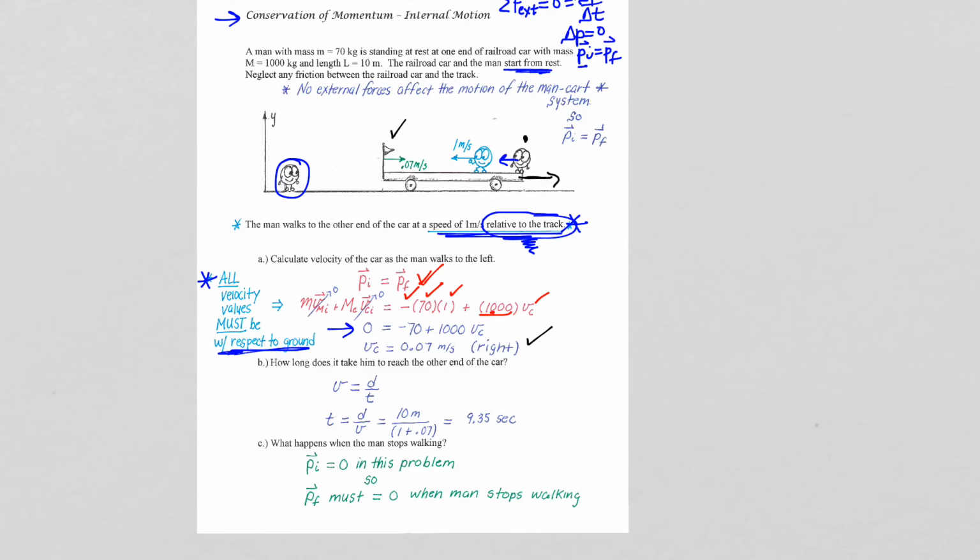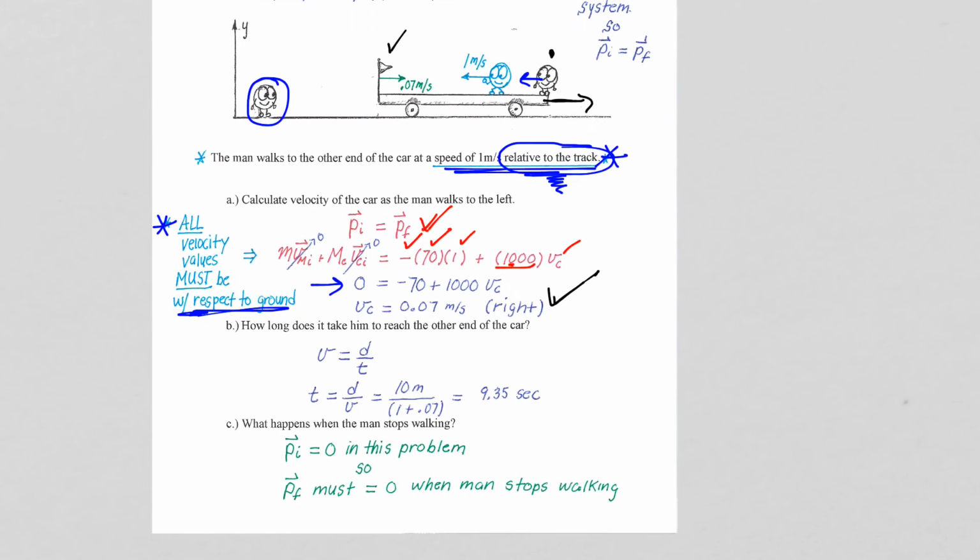The reason it's tricky is because we just calculated that the cart is recoiling to the right at 0.07 meters per second, which means that the flag is actually moving towards him at 0.07, so the relative motion between the man and the flag, or the front of the cart, is going to be 1 plus 0.07.